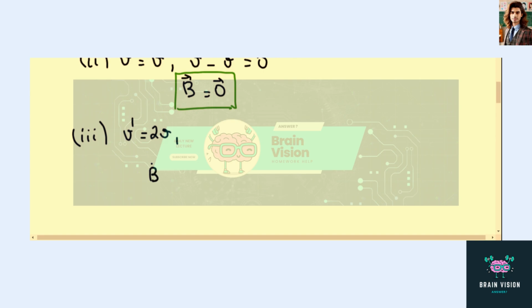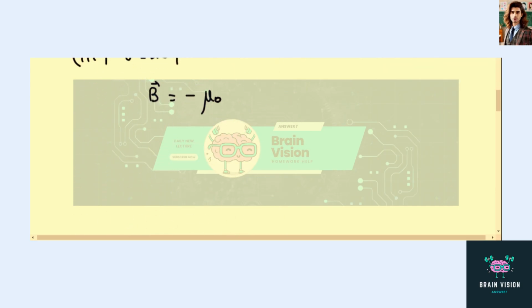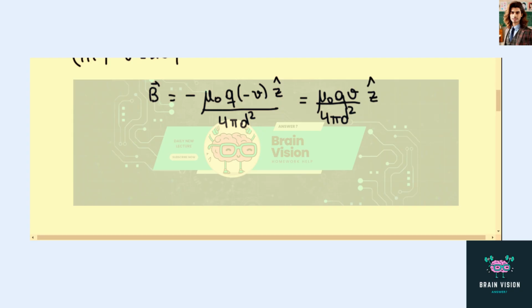Notice that v minus v prime is minus v, so we have minus mu 0 q times minus v z divided by 4 pi d squared. So this is mu 0 q v divided by 4 pi d squared z.